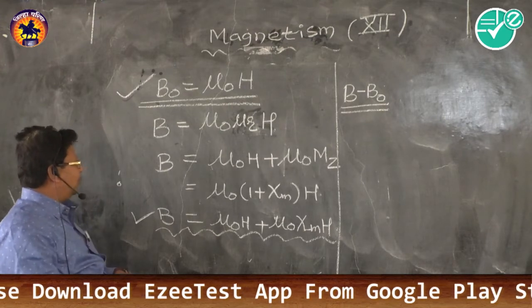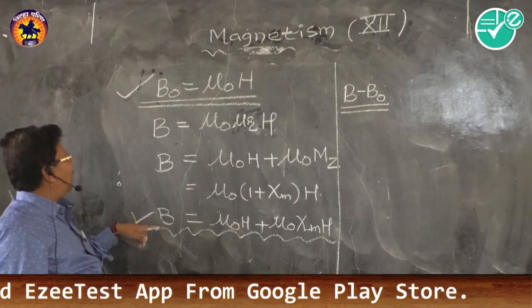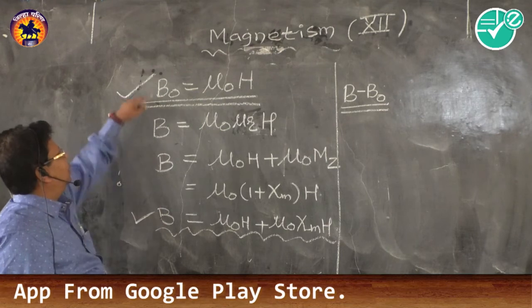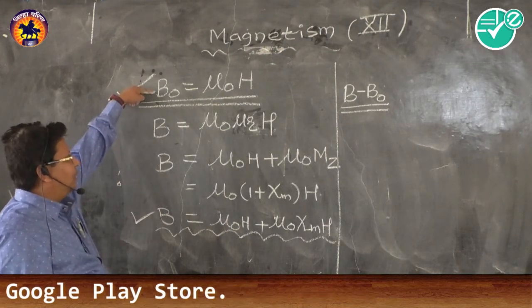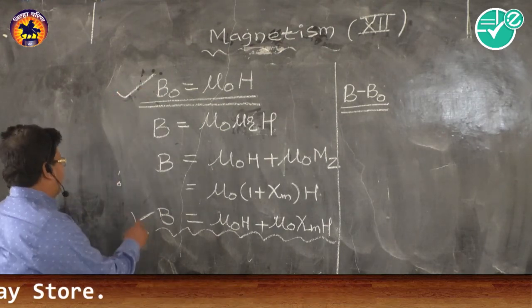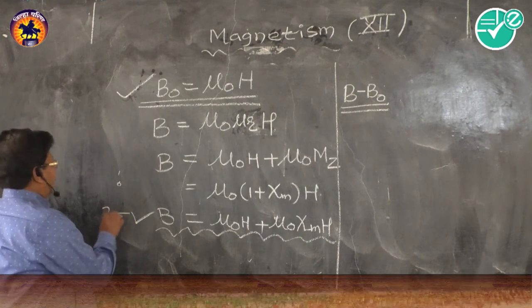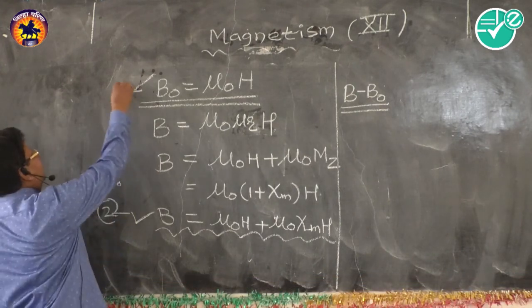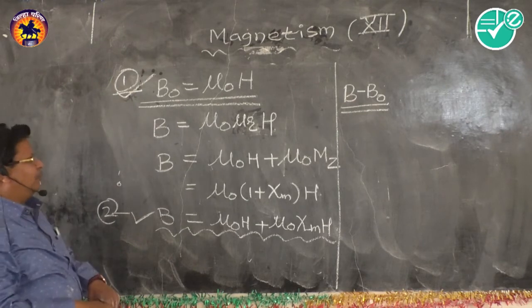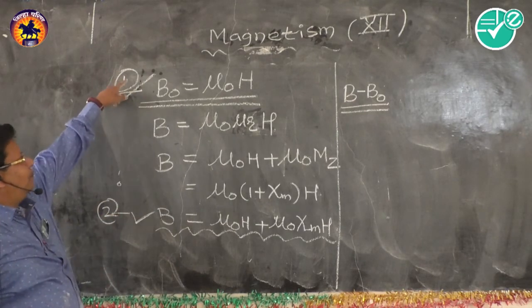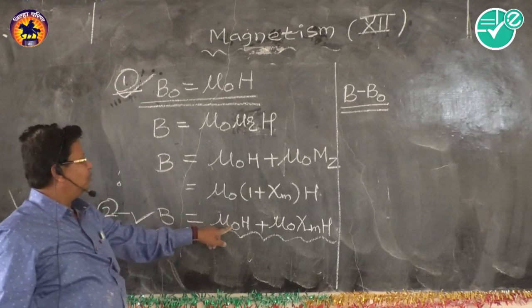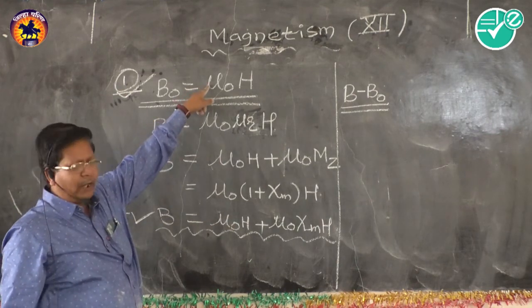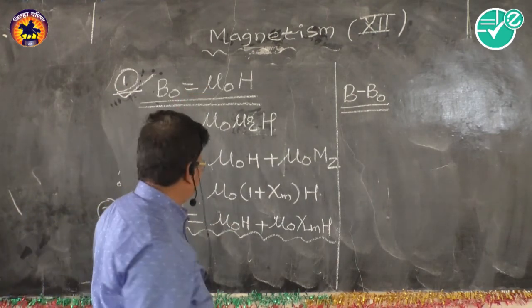So B minus B0 is the increase in magnetic field. From these two equations we have B equal to this value, B0 equal to this value. Suppose this is equation number 2 and this is equation number 1, and if we subtract 1 from 2, then this mu 0 H and this mu 0 H get cancelled.